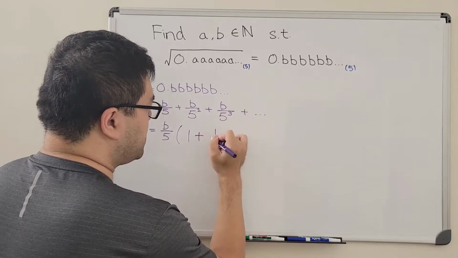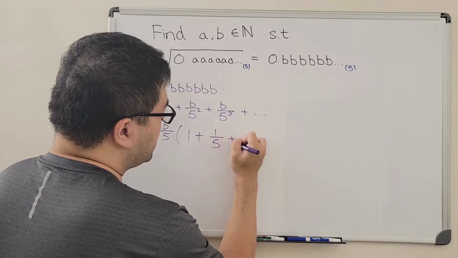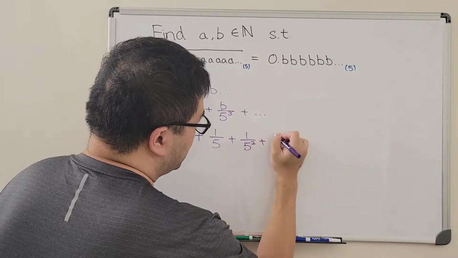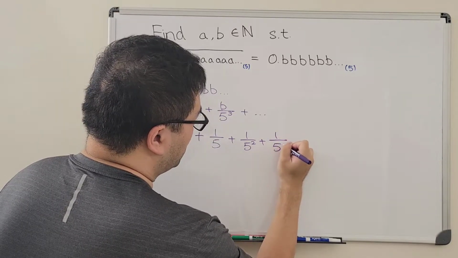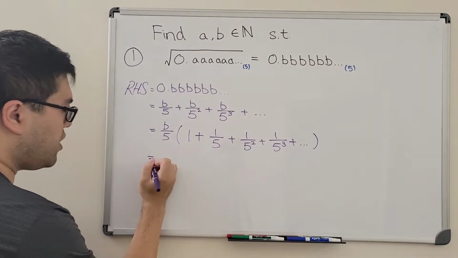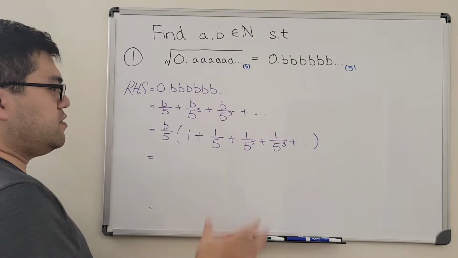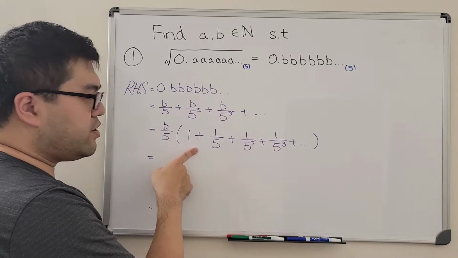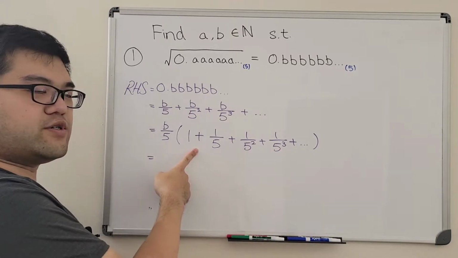The second term turns into 1 over 5. And then we got 1 over 5 squared. And let's list one more. We will get 1 over 5 cubed, so on and so forth. Notice that here, we actually get a geometric series.